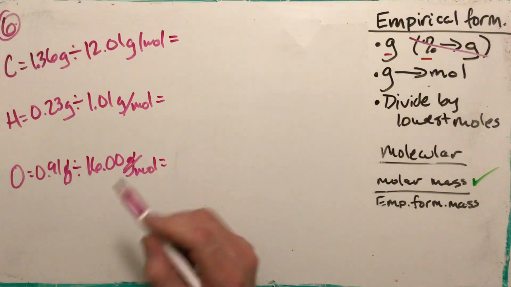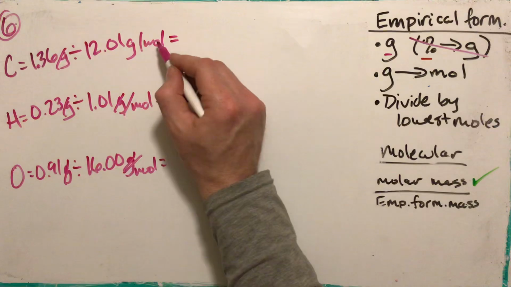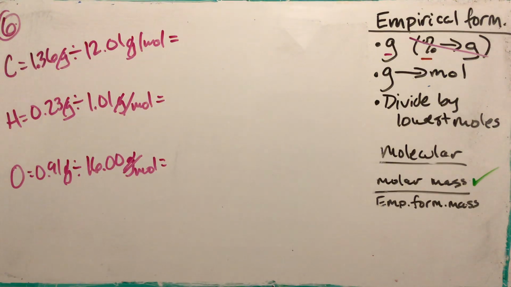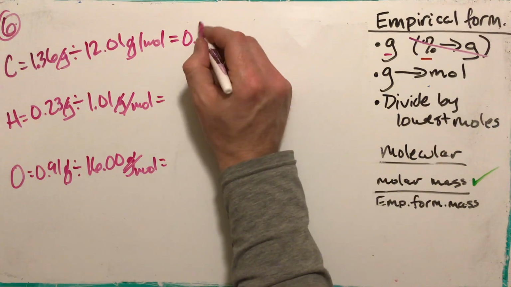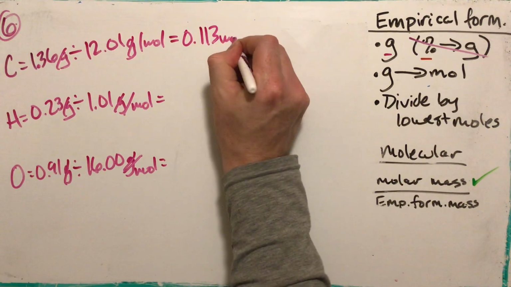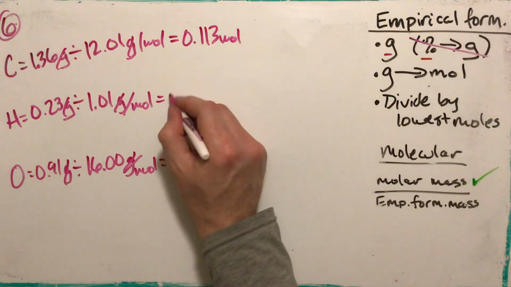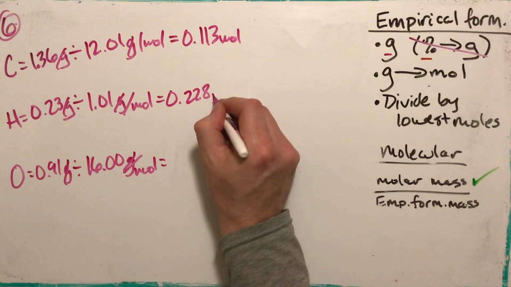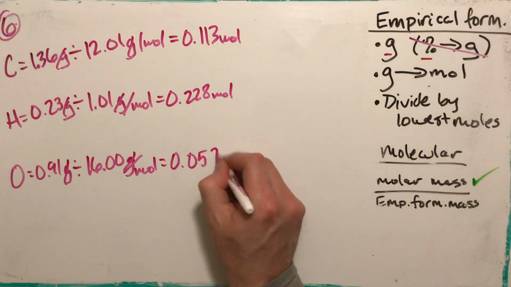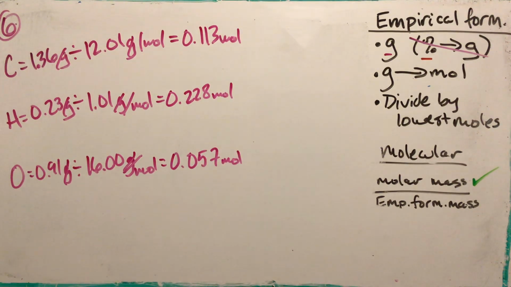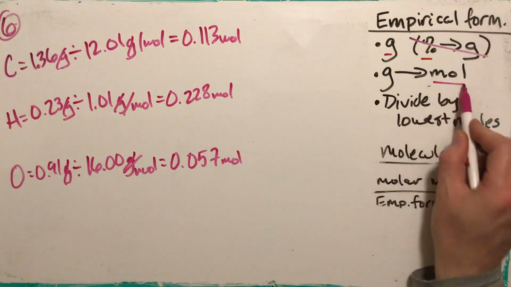Grams divided by grams will cancel, so all these units will cancel. Show those units, don't throw away marks. And what I end up with is, for this one, 0.113 moles, 0.228 moles, and 0.057 moles.